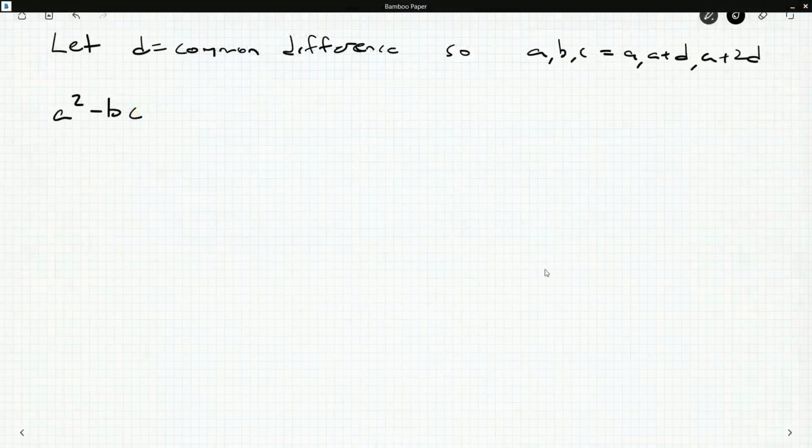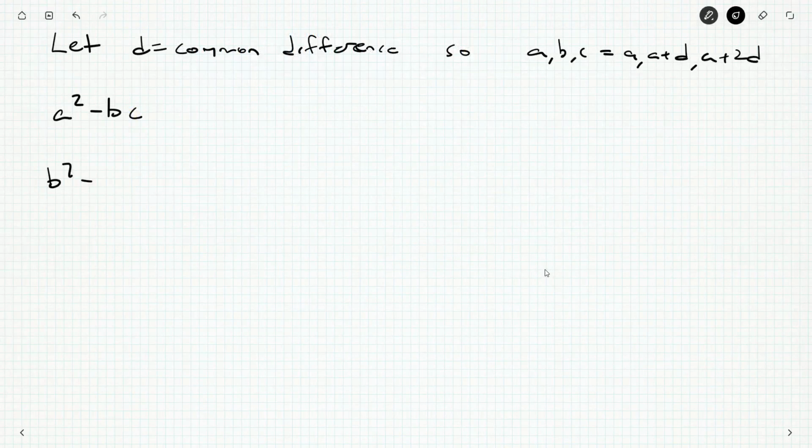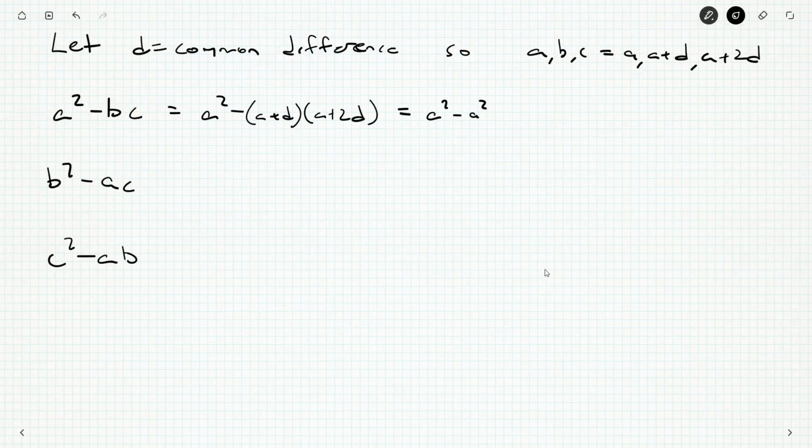I'm just going to change all of these and keep the A and the D's, and then I should be able to regroup to get a common difference. So this is A squared minus A plus D times A plus 2D. So that's going to be A squared minus A squared minus 3AD minus 2D squared. Okay. And those two A squareds will cancel out. We'll deal with that in a moment.